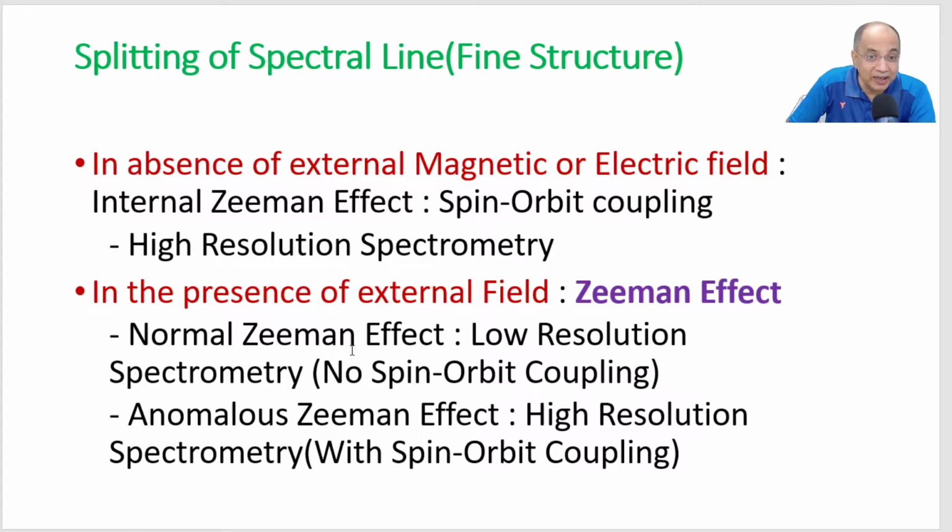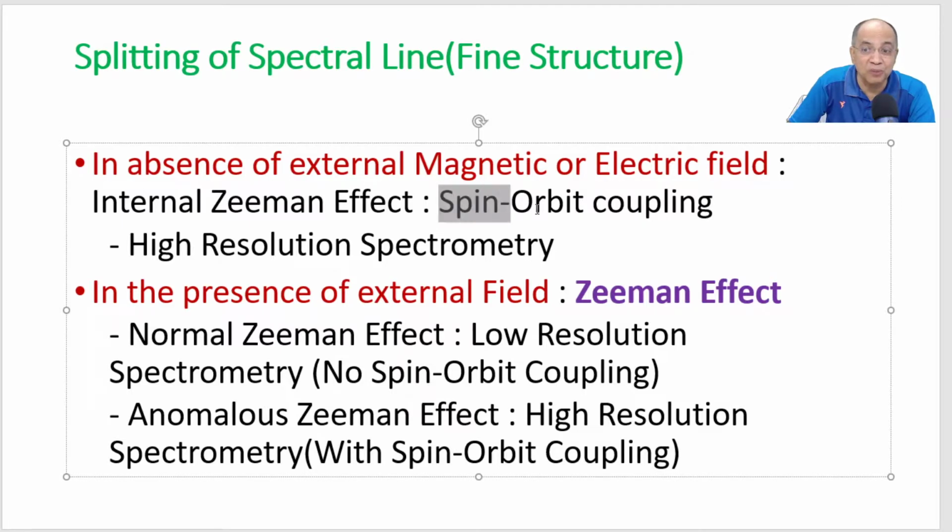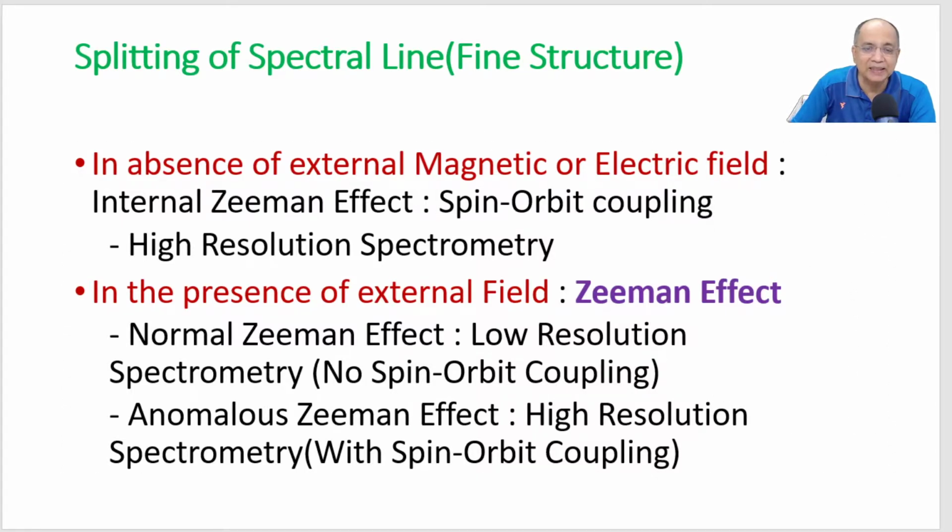So one case is absence of external field, and the reason behind this is what we call spin orbit coupling. We'll discuss about that. Spin orbit coupling, and this is under high resolution spectrometry. I'll tell you what is high resolution spectrometry and what is low resolution spectrometry.